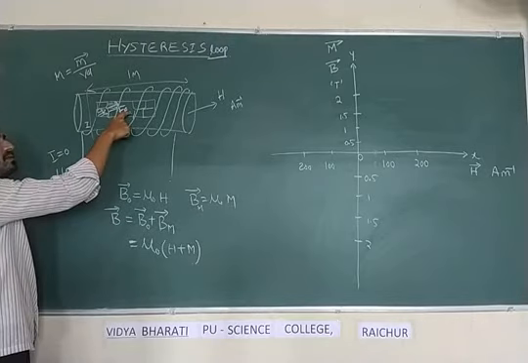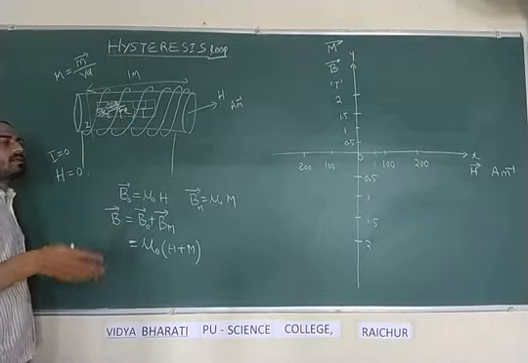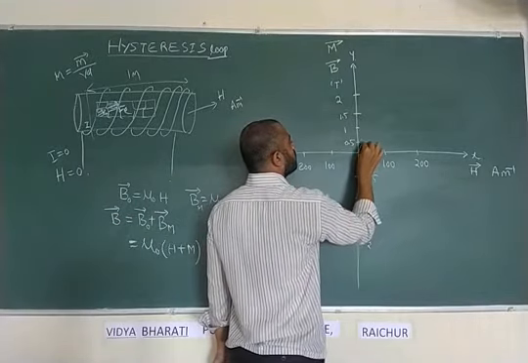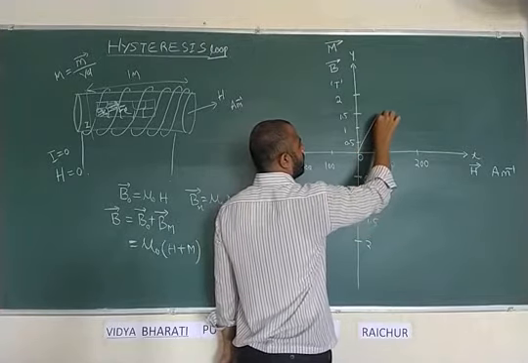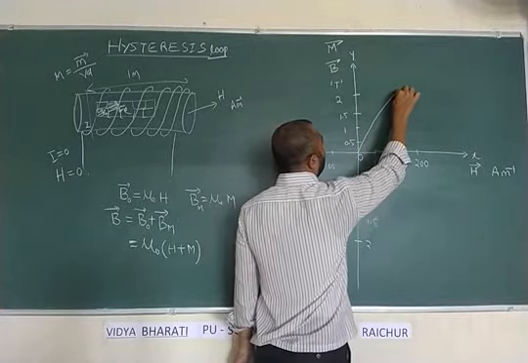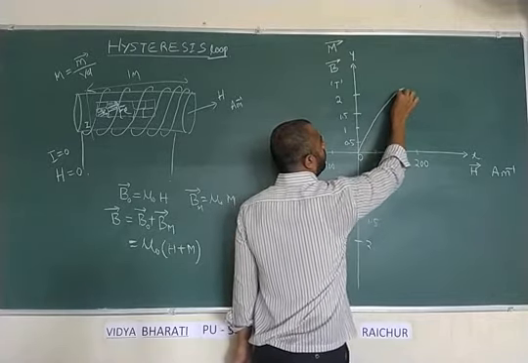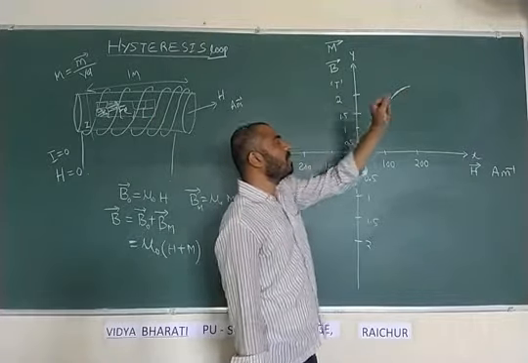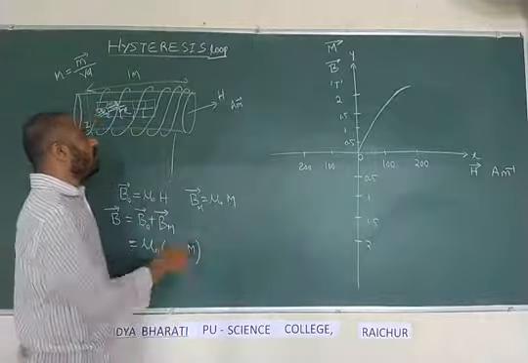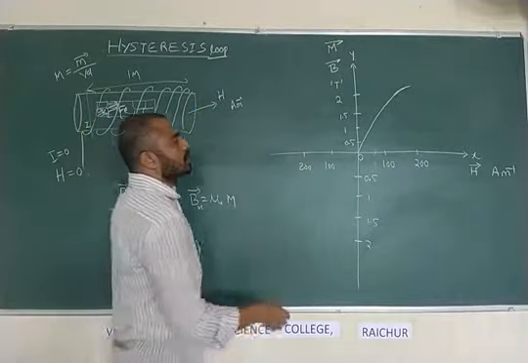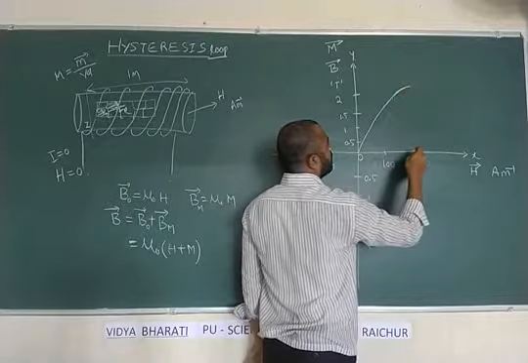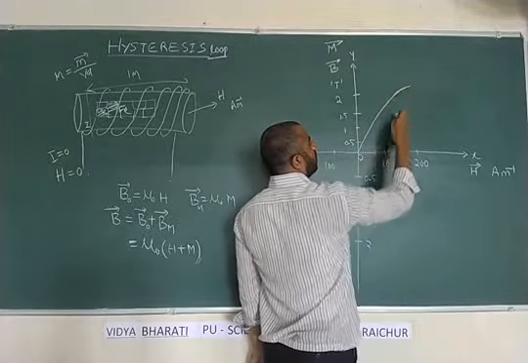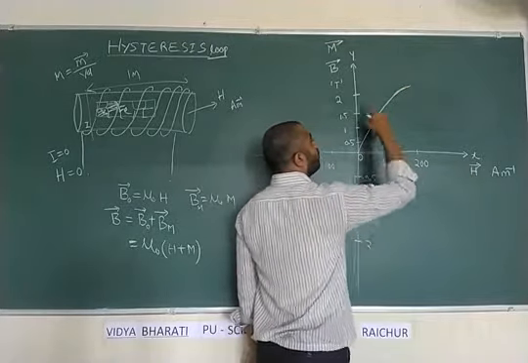The net magnetic induction, the total magnetic field of the material, also increases. As H increases, B also increases, like this. After reaching some 2 Tesla or nearby 2 Tesla, if you go on increasing the H value, say some 100 ampere per meter or 200 ampere per meter, on reaching one particular point, if you go on increasing the H further, there won't be an increase in the B.